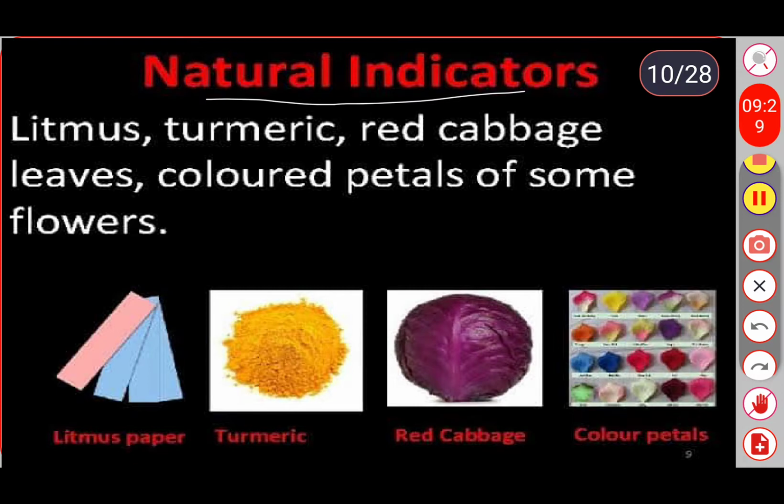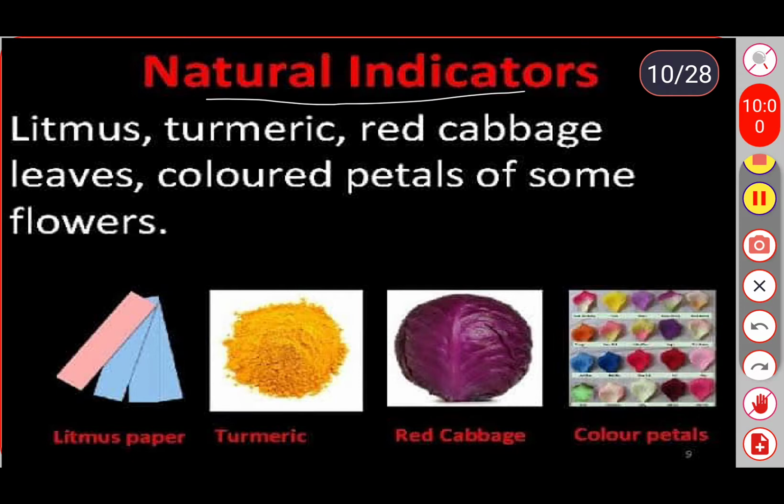Once we extract the lichens, we get the lichen solution, which is called litmus solution. It is purple in color. The extract gives red litmus solution in acids, whereas it turns blue in basic or alkali solutions.